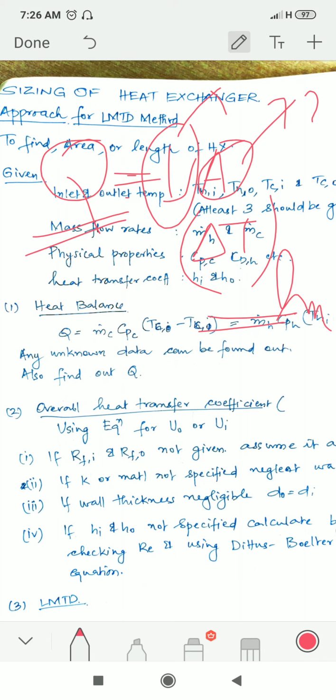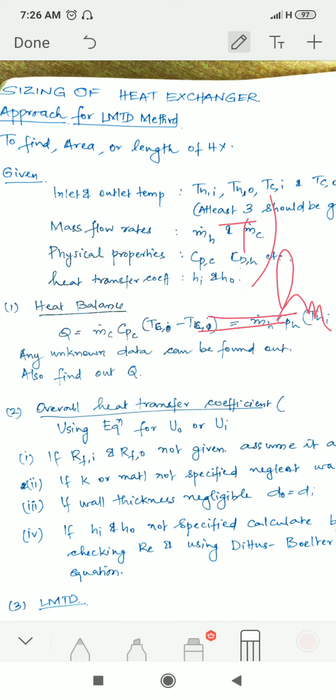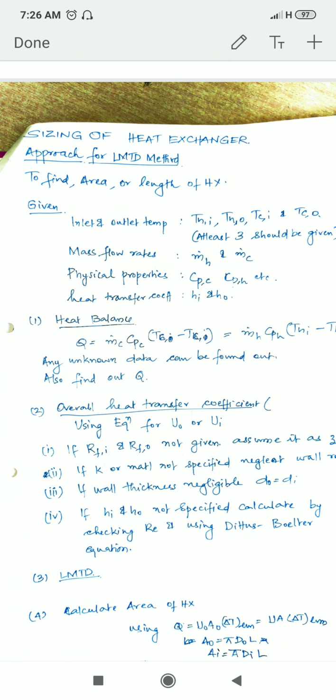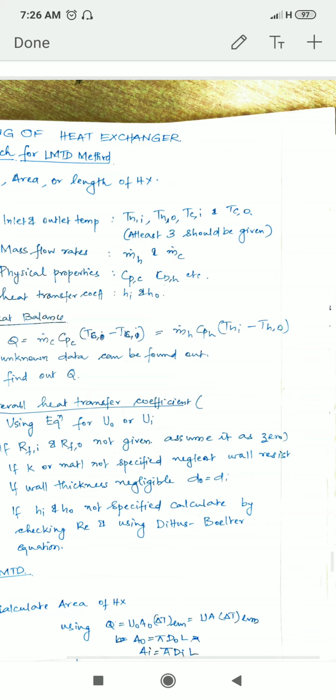Okay, so the first step is finding out Q, and this step is called the heat balance. So it is actually Q equal to mC CpC into (TCO minus TCI) equal to mH CpH (THI minus THO).